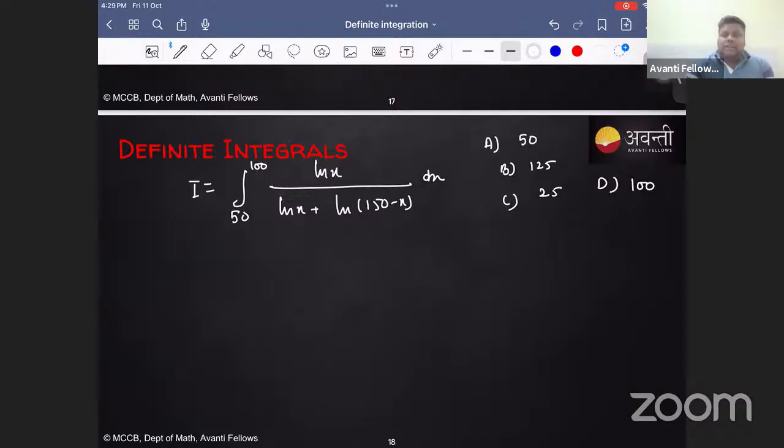Solve it quickly and tell me the correct answer. This is easy. Yes, quickly, quickly.